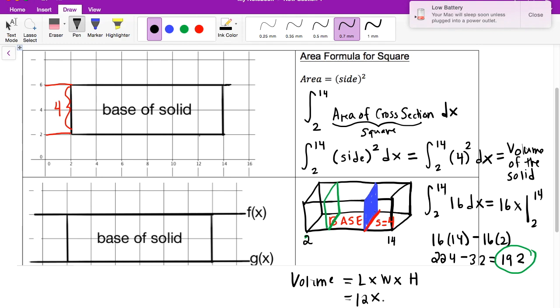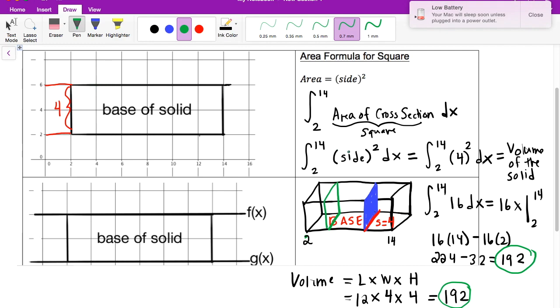The length in this case would be from 2 to 14, that's going to be 12, times the width, which would be the 4, times the height. Since this is a square, the height and the width have to be the same, so that's also 4. And if you multiply all these numbers, you'll get 192, which matches the volume that we got when we used integration.